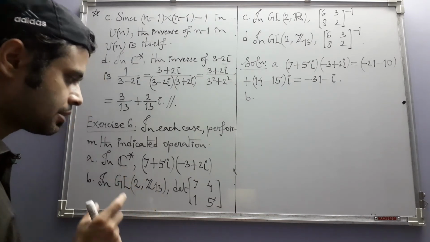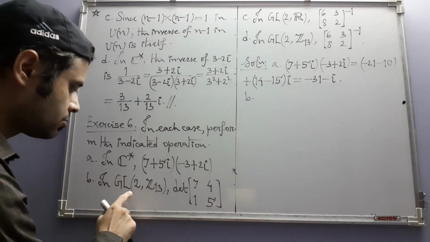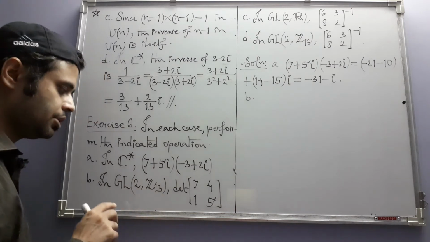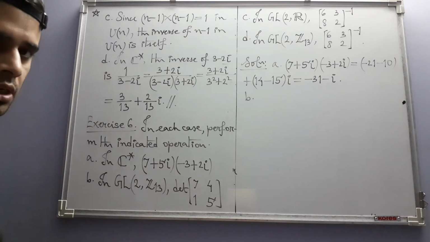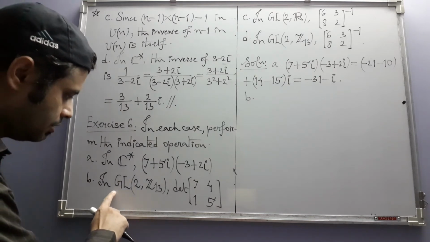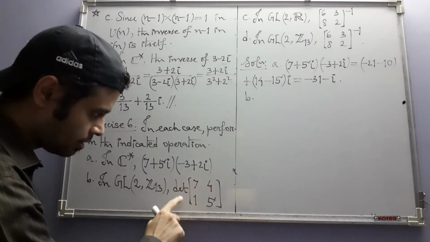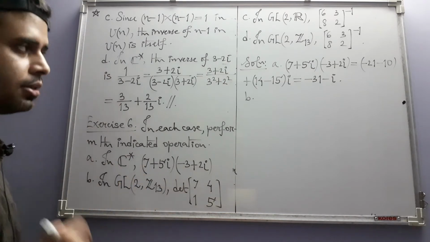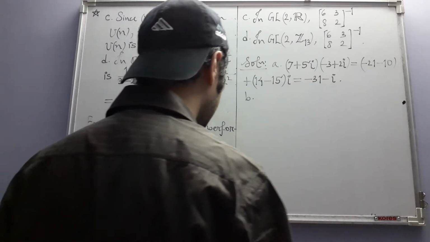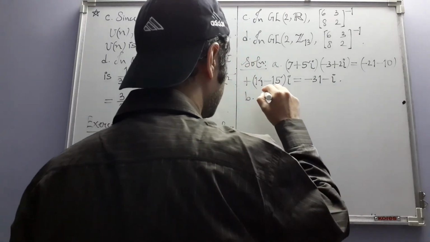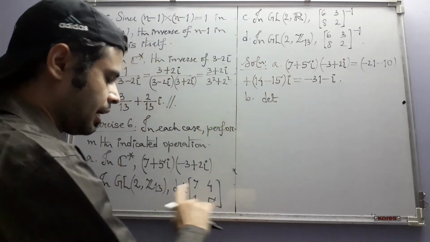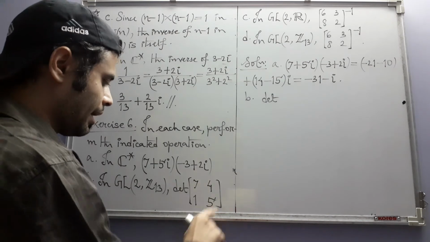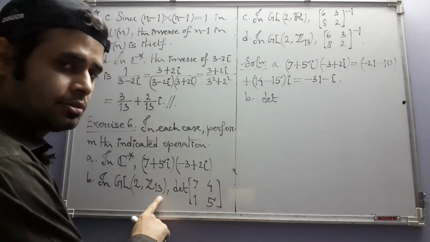And not just any 2 by 2 matrices, those 2 by 2 matrices which are non-singular, that is, whose determinants are not equal to 0. Here we have to calculate the determinant of this matrix. So the formula for the determinant we already know, but after we apply that formula, then the calculation will be done in Z13.